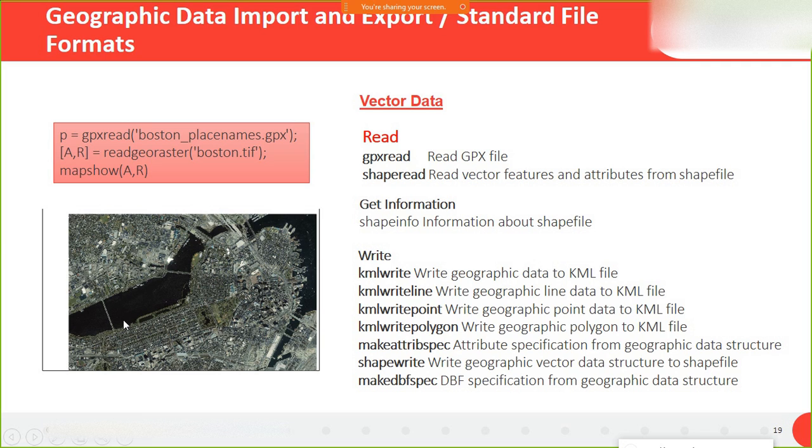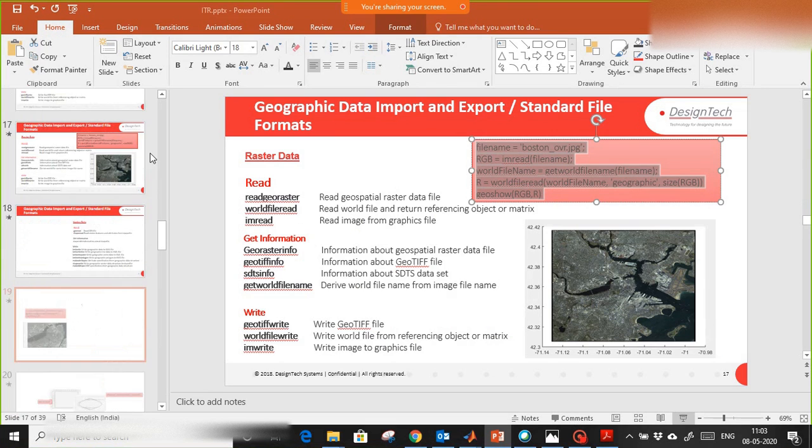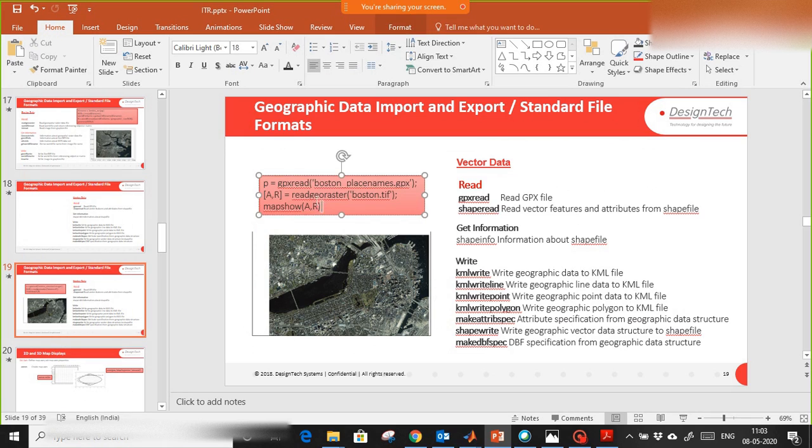This is not projected data. If it was projected, then we would have lat-long values as well. So it depends on what kind of data we have. Further, we will discuss how to convert unprojected data into a projected reference as well. So I am going to plot this.